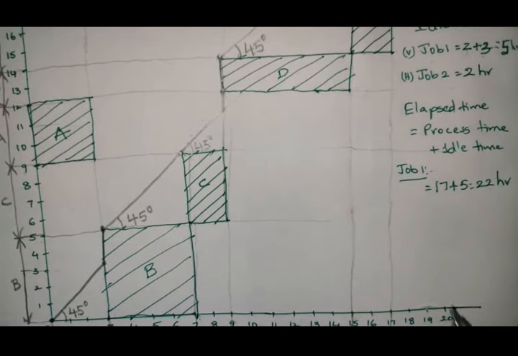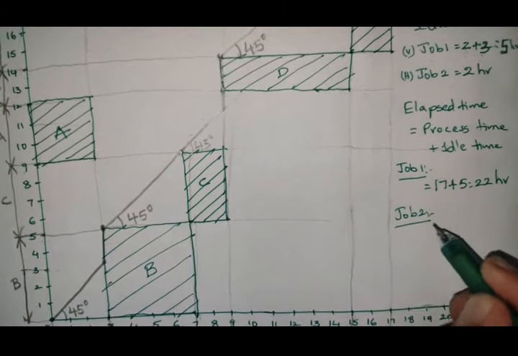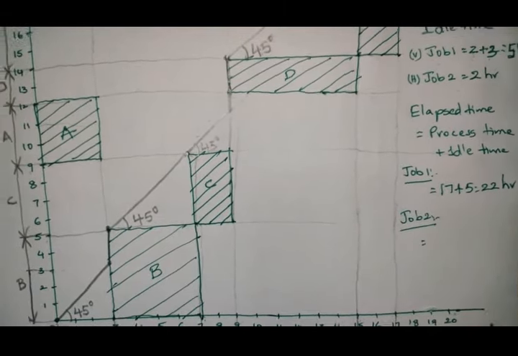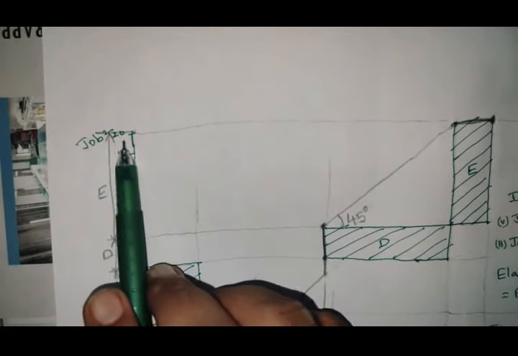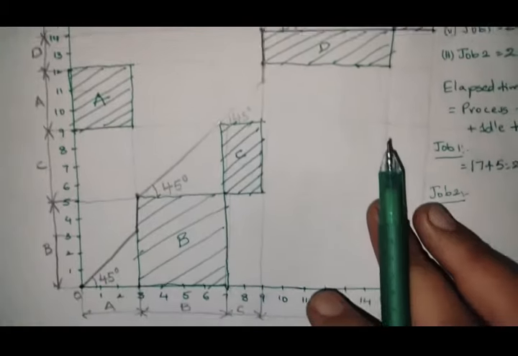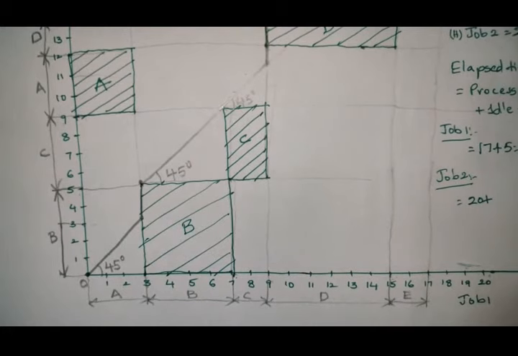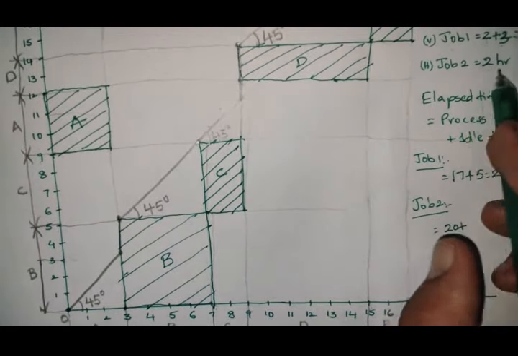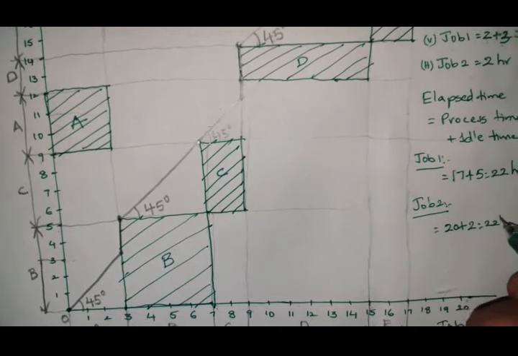Next, similarly let us calculate it for job 2. What is the total process time for job 2? To complete all the processes on job 2 it takes 20 hours. So 20 plus the idle time of job 2, which is 2 hours. So 20 plus 2 equals 22 hours.